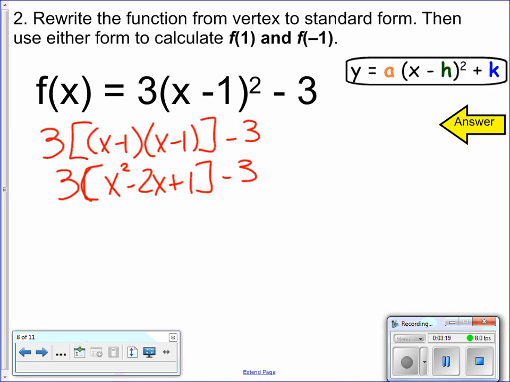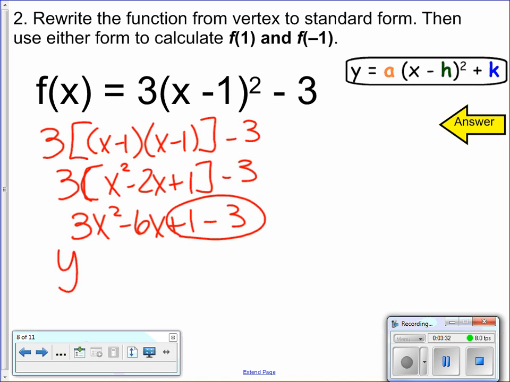And my order of operations says multiply. So 3x squared minus 6x plus 3 minus 3. And then subtract, so combine these. So y is equal to 3x squared minus 6x.